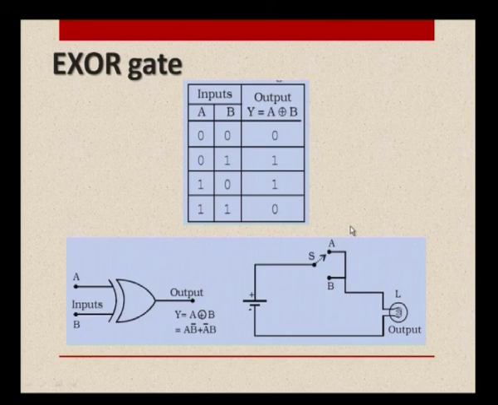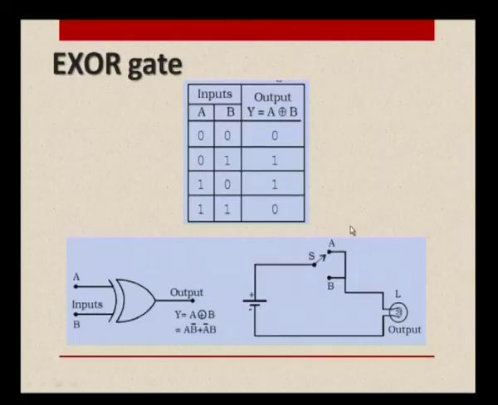When we learn digital electronics as a separate subject, we will be able to take up more than two inputs, the 3 input and 4 input gates also. They are also available in the form of ICs. The circuits are already designed, but for our basic understanding we are taking only the 2 input gates.